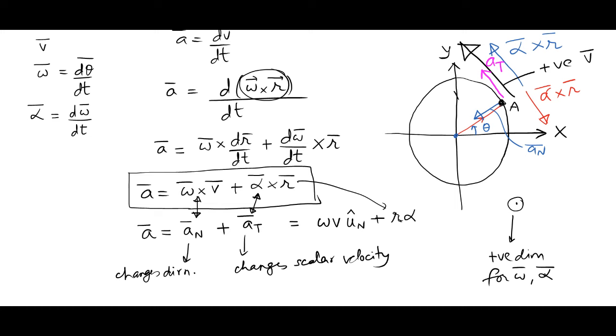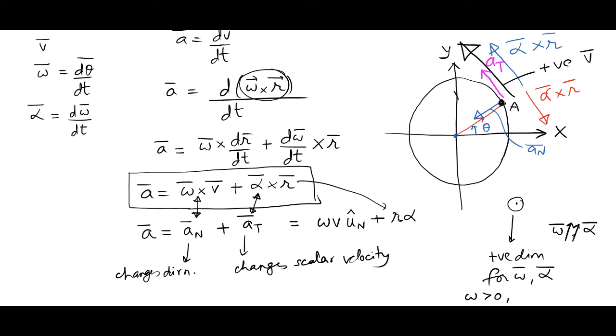Now what does this mean? This means that if the particle is speeding up, then since omega bar and alpha bar are actually in the same direction, it would mean that alpha is positive. You see, in this case, let's go to this example. You know that omega is positive because it corresponds to motion in the anticlockwise direction, which means that omega bar is actually coming out of the plane of the screen, which means that omega is positive.